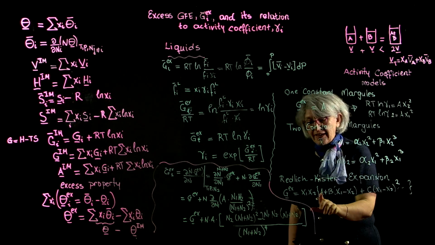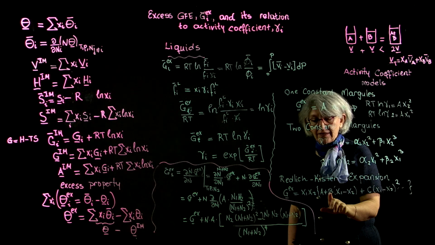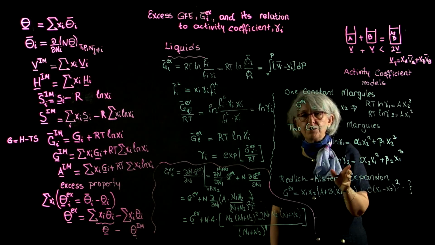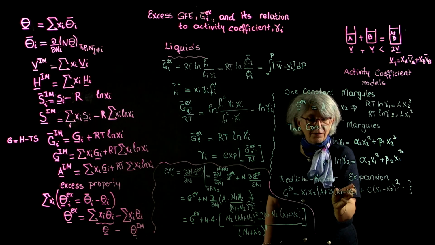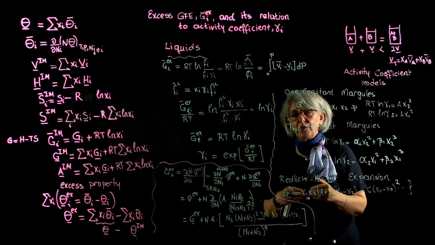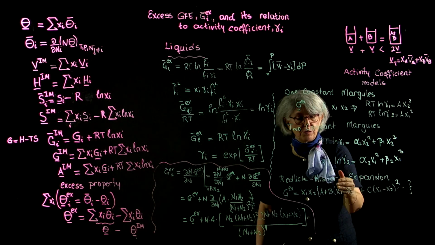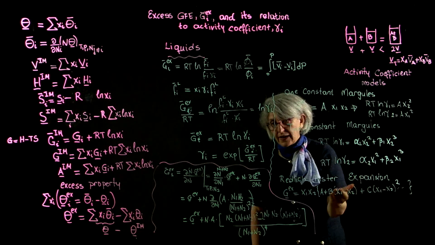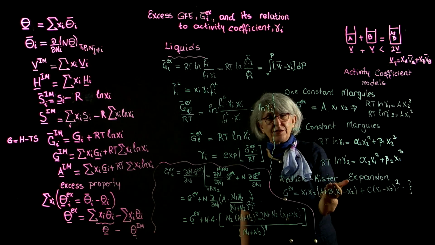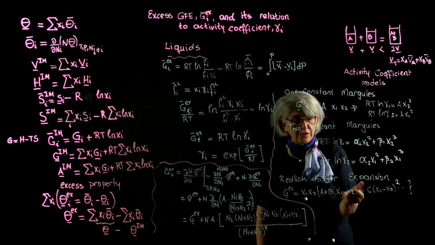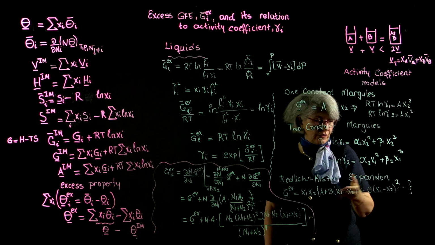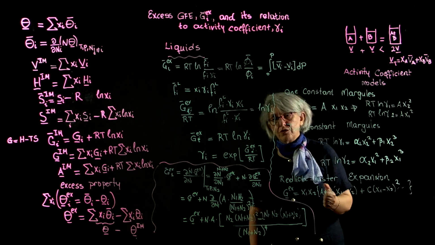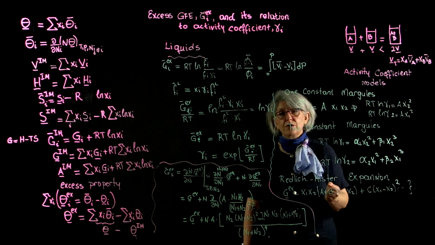Now we have A, we have B, and B takes care of the influences of the difference between the mole fractions of the components. So this introduces a bit of asymmetry in the prediction of the activity coefficient. And of course, we can just go 2, 3, and so on and so forth if we need more precision in our predictions.